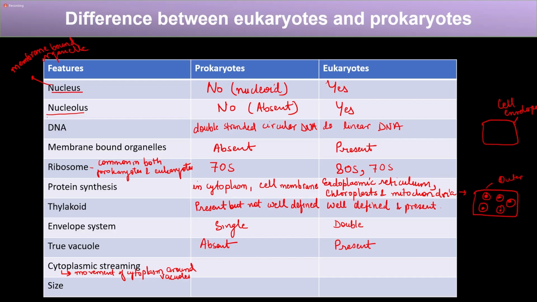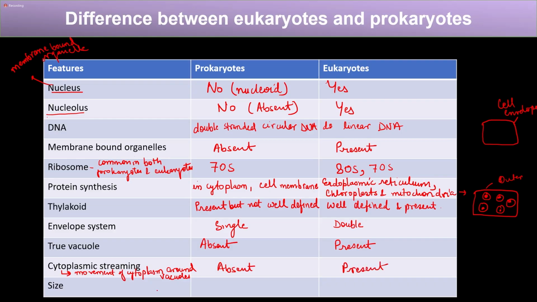So cytoplasmic streaming will happen where? In the cell that has vacuoles, right? But prokaryotic cells do not have vacuoles. So will there be any cytoplasmic streaming? The answer is no. Cytoplasmic streaming is absent in prokaryotic cells, but in eukaryotic cells it is present.